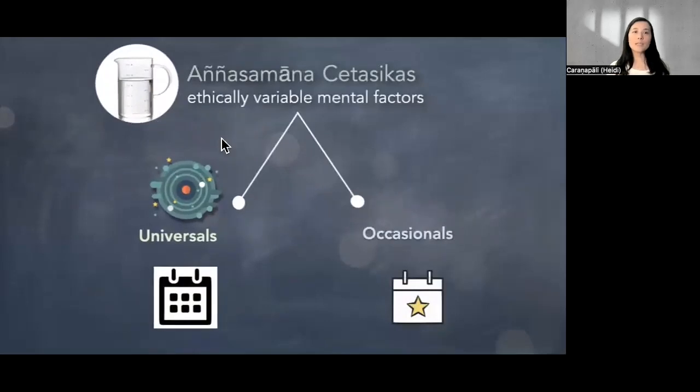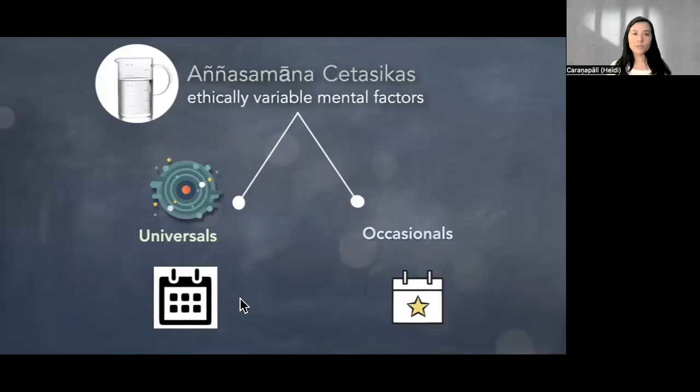So we have been talking about the Anya Samana cetasikas, meaning that they are ethically variable mental factors. That means they are, in terms of cooking, like water or flour. Depending on other flavors, depending on other types of cetasikas, they can associate with Kusala chitta, with Akusala chitta, even with Kriya chittas, and also with Vipaka chittas as well.